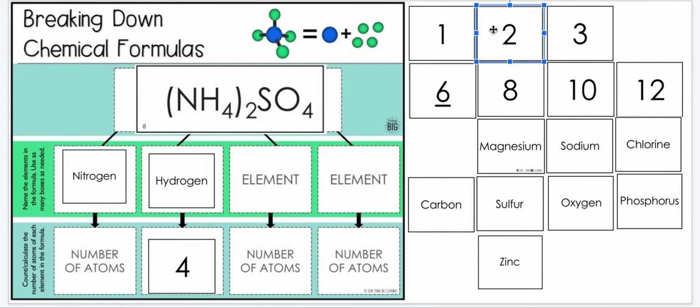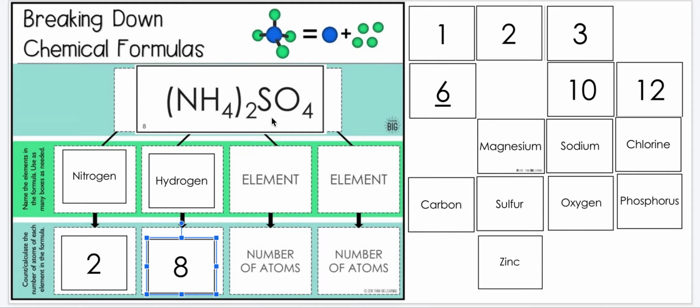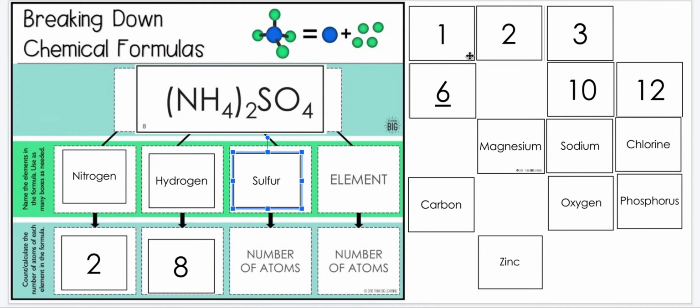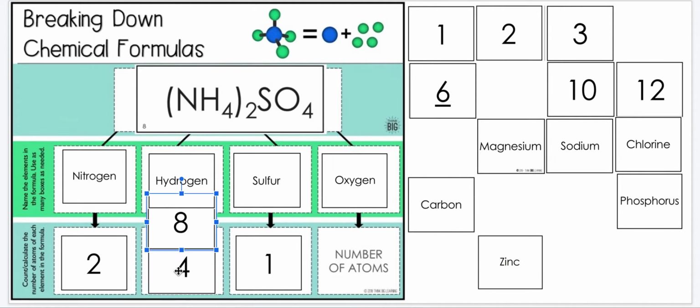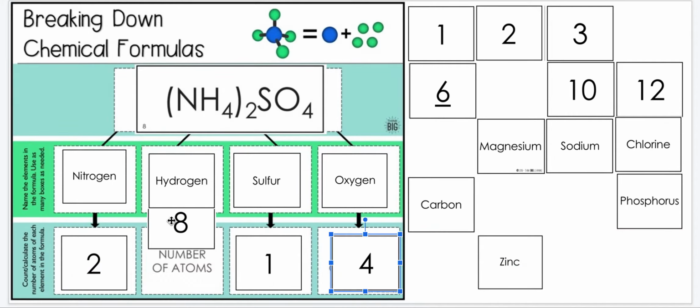Nitrogen's invisible 1 is going to get multiplied by 2, and that equals 2. Hydrogen's 4 is going to get multiplied by 2, and that really is going to be 8. For sulfur, I have no subscript, so I have an invisible 1 there. And for oxygen, I have 4. Whoops. I'm going to have to steal that one that we hid underneath the hydrogen.